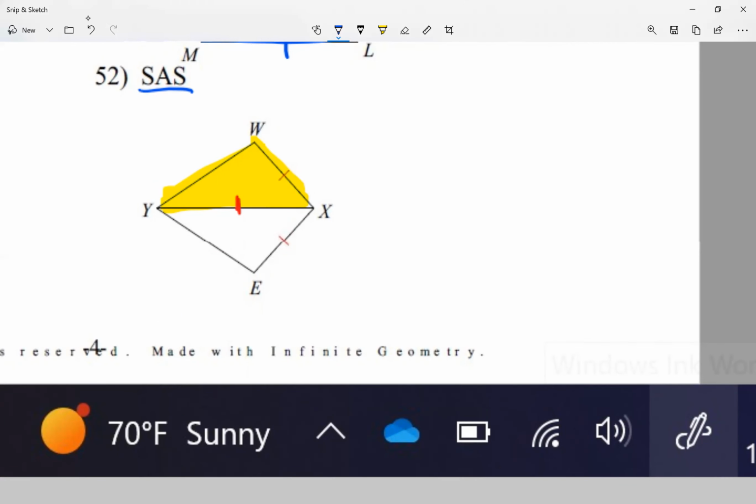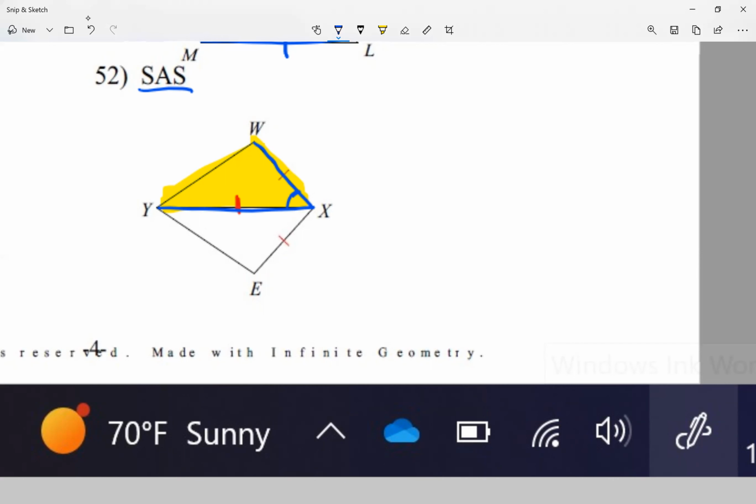I'm missing one of my markings. I have the two sides already, so it seems like I'm missing this angle. It's not just any angle, it's the included angle. It's the angle where the two sides meet. You see how they meet at that angle? So that's why I said that angle.